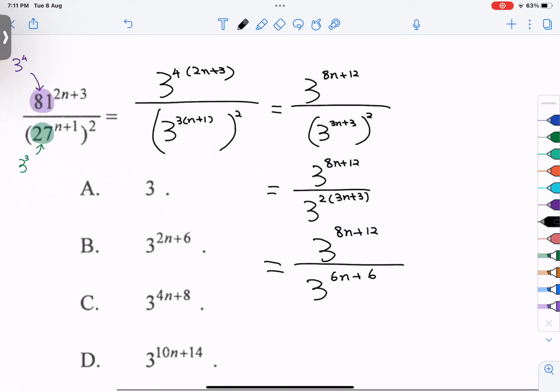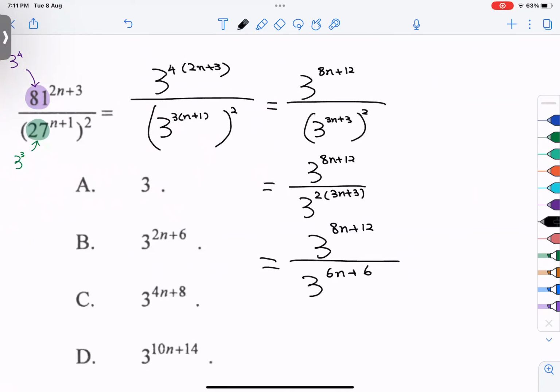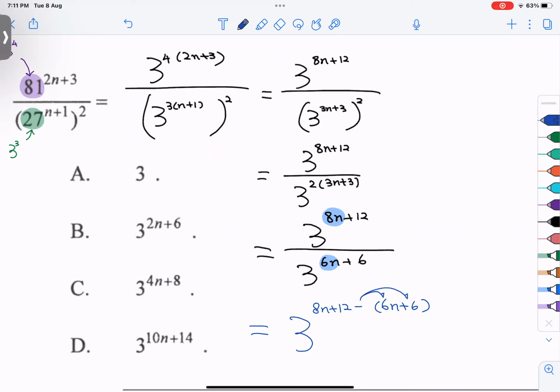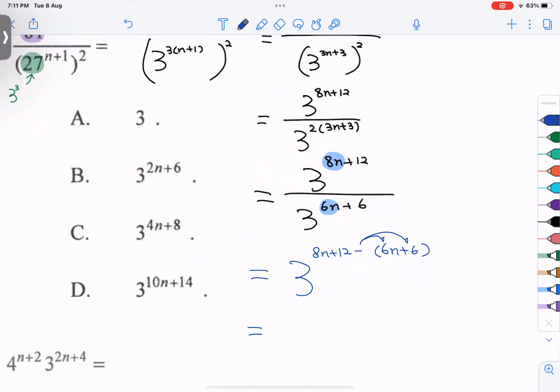And then again, see which side is bigger, up or down. The upside is bigger, so everything moves up. So the upper one minus the bottom one. And then open up the bracket, open up the bracket. -6 and -6.